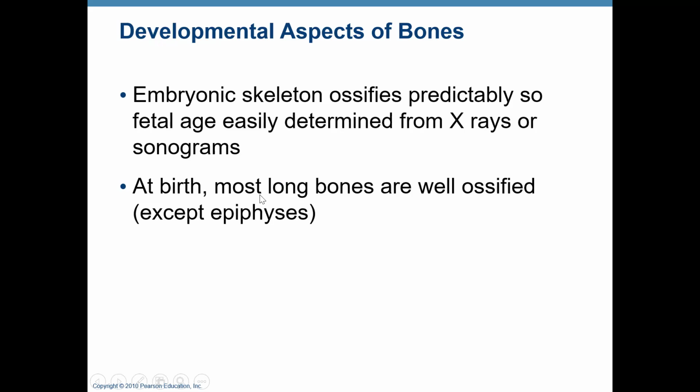It says here at birth, most long bones are well ossified, which means hardened, except at the epiphyseal plate, where there's live cartilage cells so that you can grow in length. Once the cartilage cells in the epiphyseal plate are dead, you can no longer grow in length. The next thing you'll do throughout your life is referred to as bone remodeling. You're adding to or taking out.